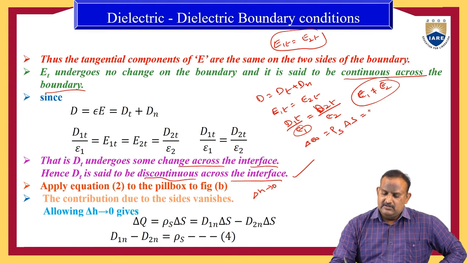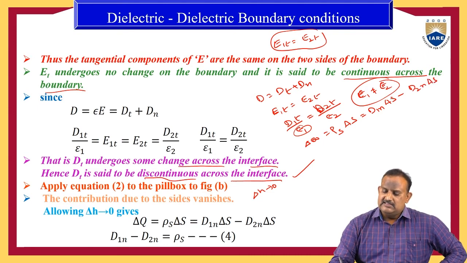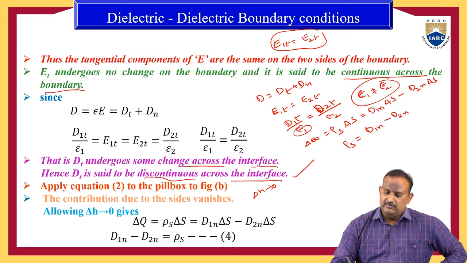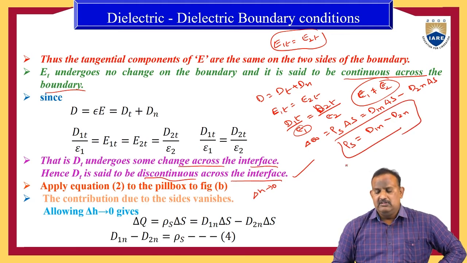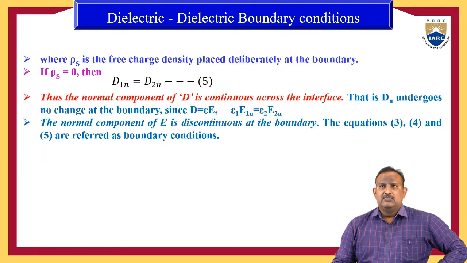One side is D1n into delta s, and the other side is D2n into delta s. Therefore we can cancel delta s on both sides, and we have rho s equal to D1n minus D2n.